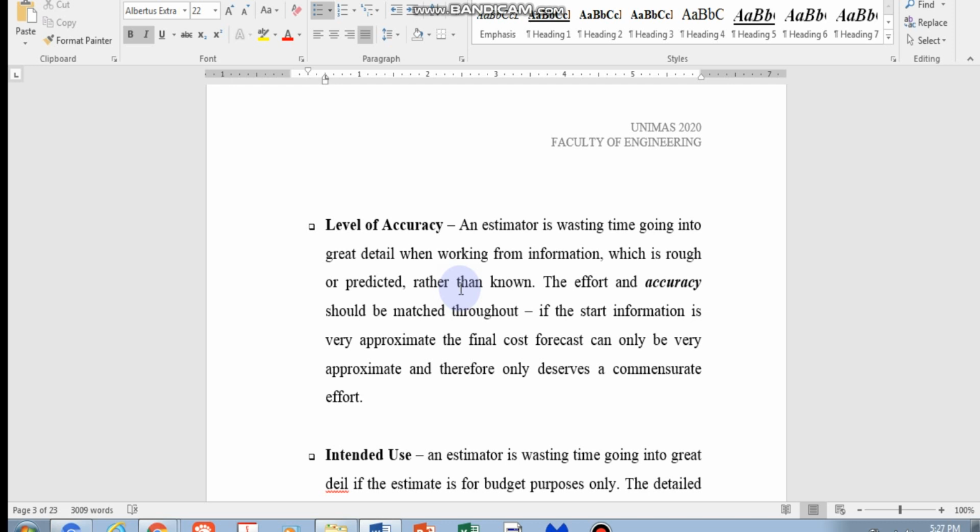That will be very, very important. With the level of information and the effort, the accuracy will be matched. So appropriate effort plus the information given, how detailed that information is, will determine the accuracy of the final estimate that you are looking at.